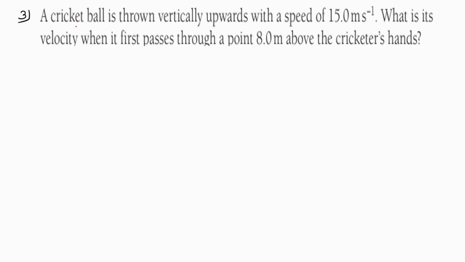Question number 3 says a cricket ball is thrown vertically upwards with a speed of 15 meter per second. What is its velocity when it first passes through a point 8 meter above the cricketer's head? So the ball over here is going in the vertically upward direction with a speed of 15 meter per second.